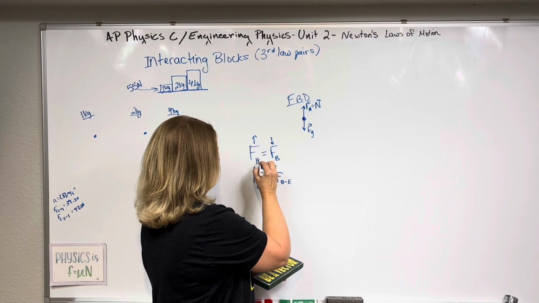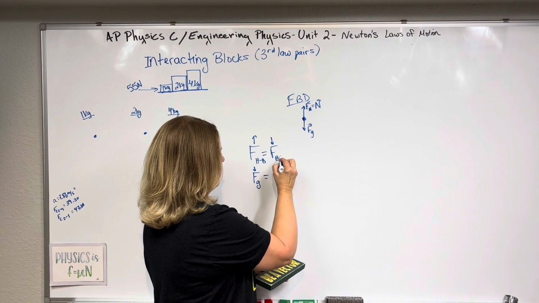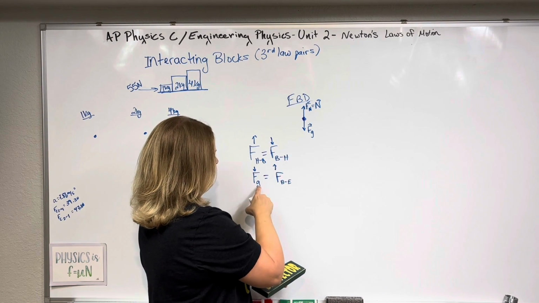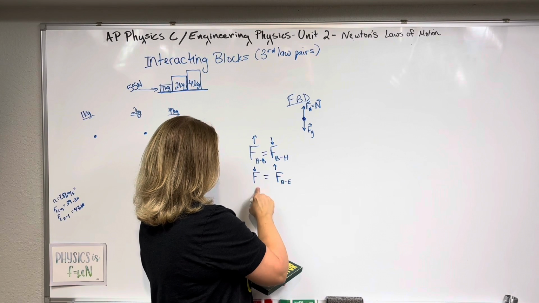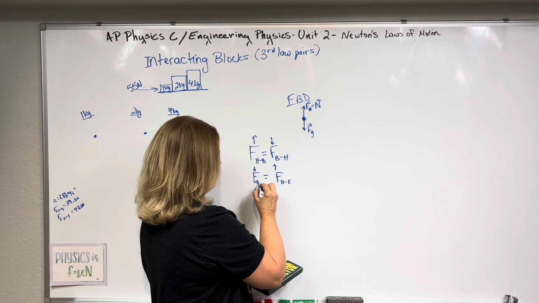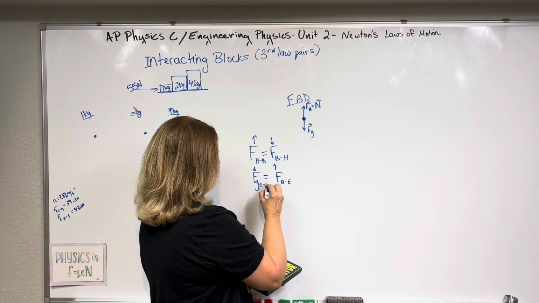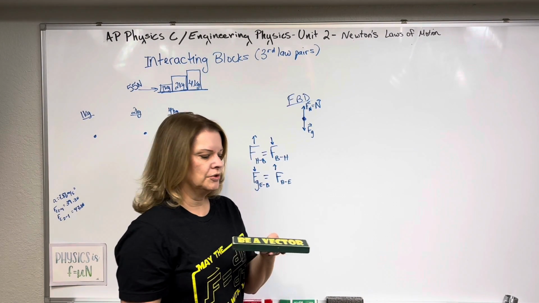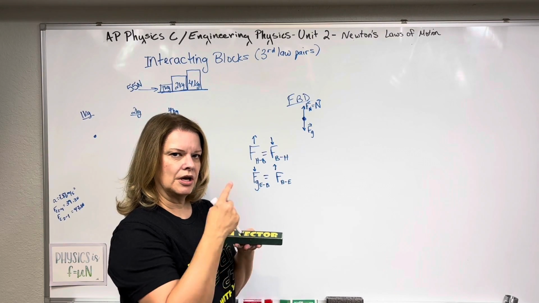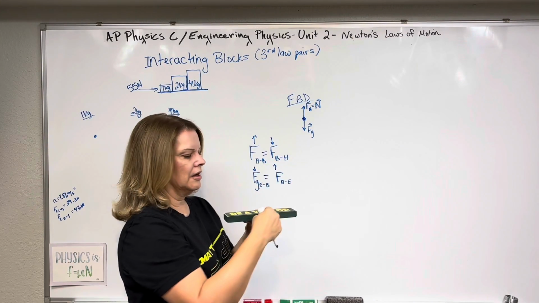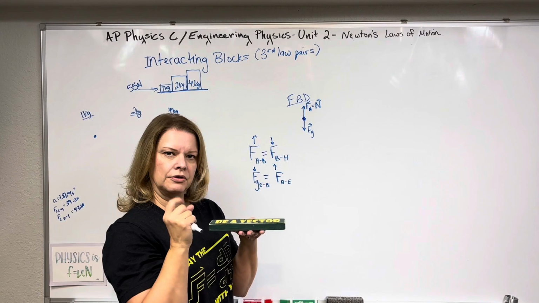The force of the block pulling up on the Earth is how we'll do it. So one more time. My hand pushing up on the block and the block pushing down on my hand, one third law pair.